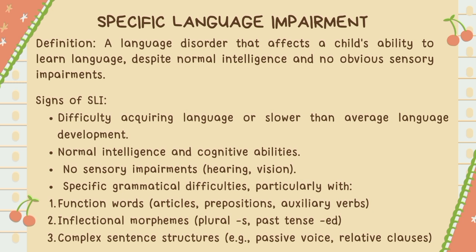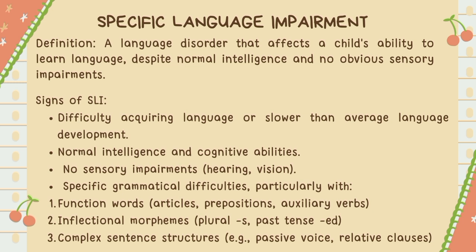And also, they have difficulty with complex sentence structure. So this leads them to a challenge in comprehending instructions. It will be difficult for them to follow instructions because they cannot comprehend, and it's hard for them to also engage in conversations because their language is different.